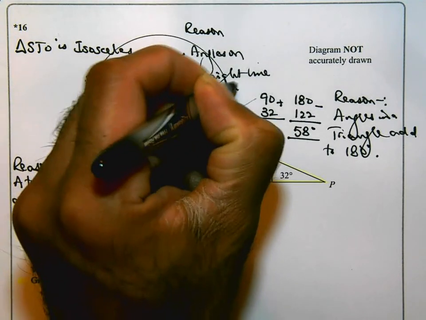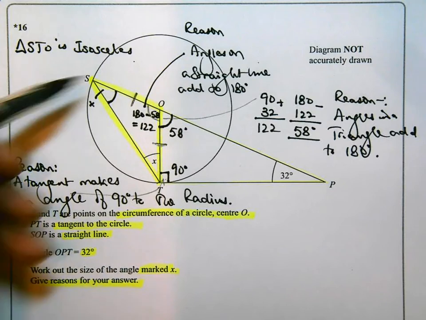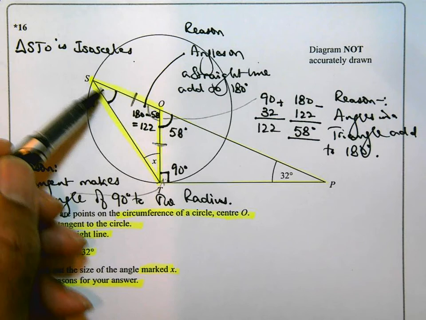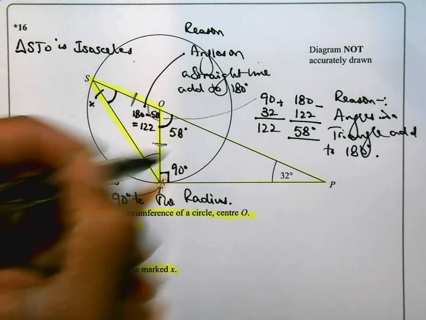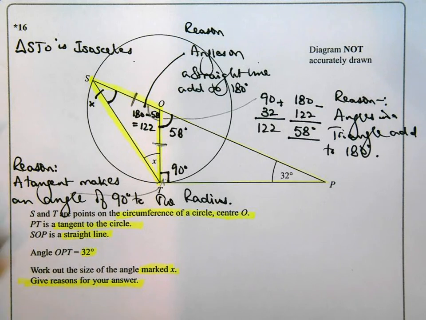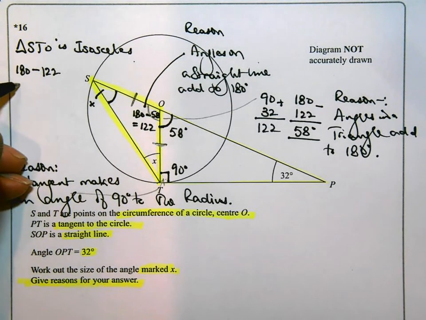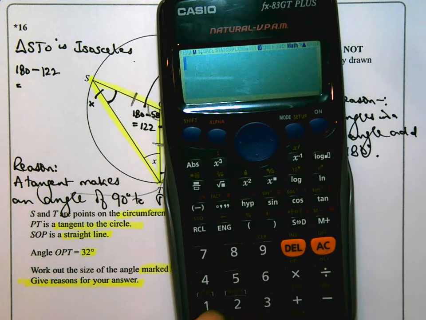Okay, so now I've got a triangle, and in that triangle I know the angle at the top, I know these two base angles are x, and I need to work out x. Because STO is isosceles and the angle at the top is 122, then 180 take away 122 is going to be 58.